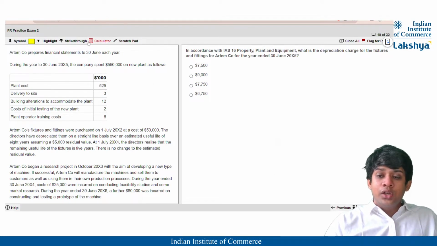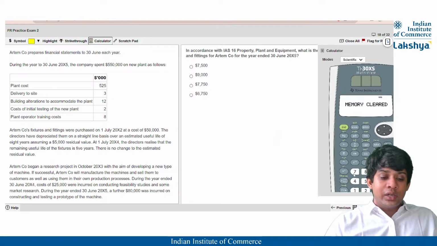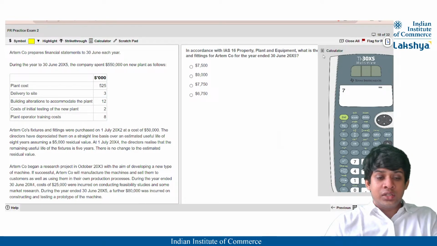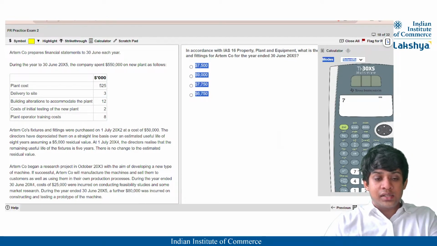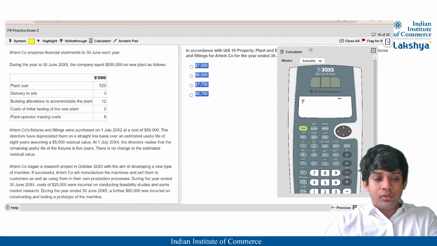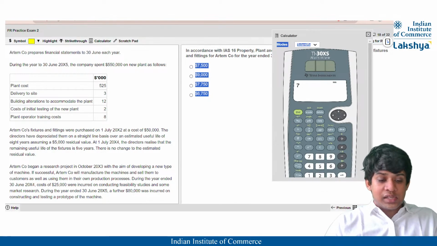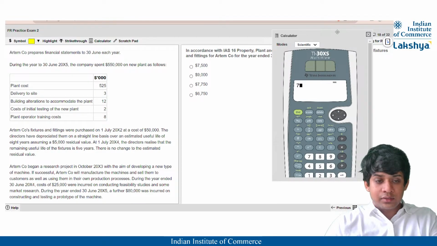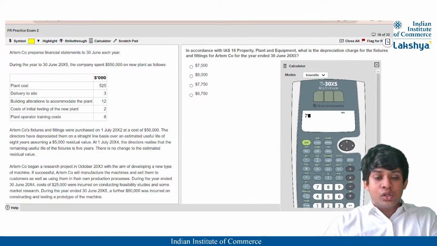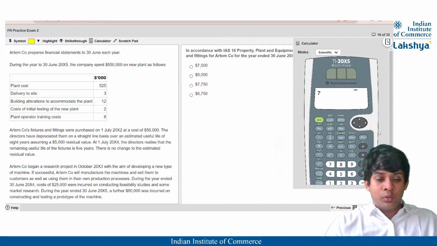Okay, on this side you also have your calculator, so you can type your numbers. You can adjust the size of the calculator, I guess. Yeah, this is your size adjustment of the calculator. I don't think you can minimize or maximize it. You can just move it, wherever you want.